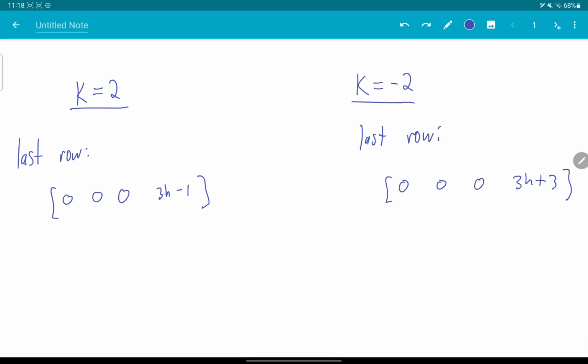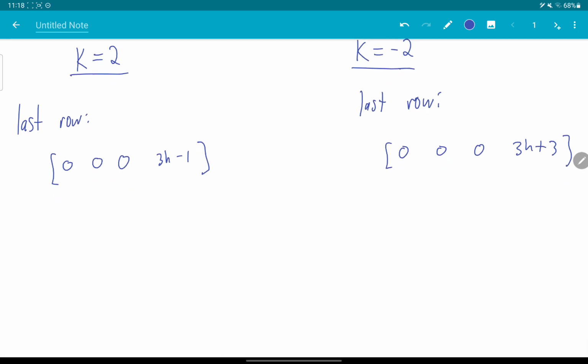So if k is equal to 2, I get this as my last row. And what does it tell me? Well, it tells me that I'm going to have an inconsistent system, no solution, if h is not equal to 1/3, because that will make this entry non-zero.